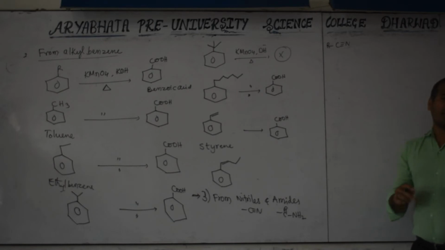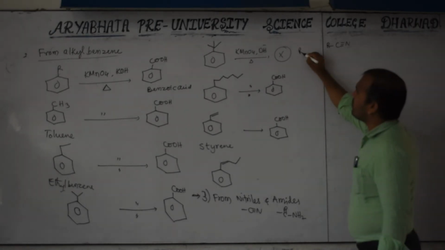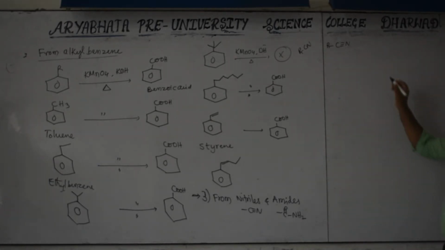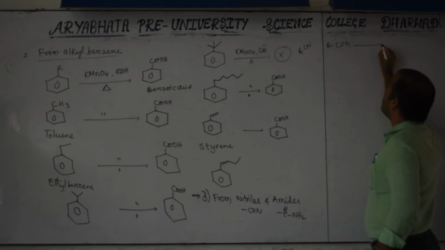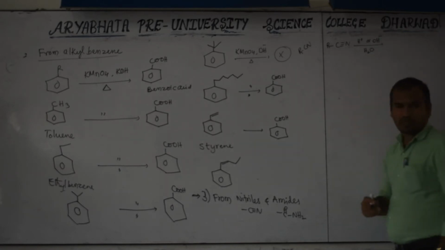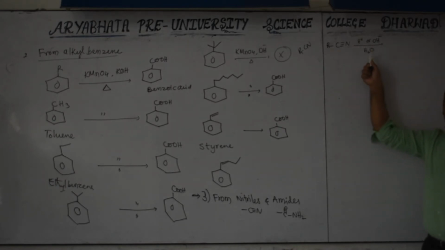Sometimes the bond is not written like this, but you have to consider it as C triple bond N. This undergoes acidic hydrolysis with H plus, or basic hydrolysis with OH minus. First it gives amide.